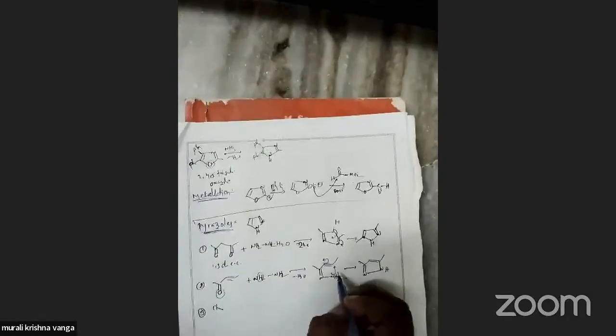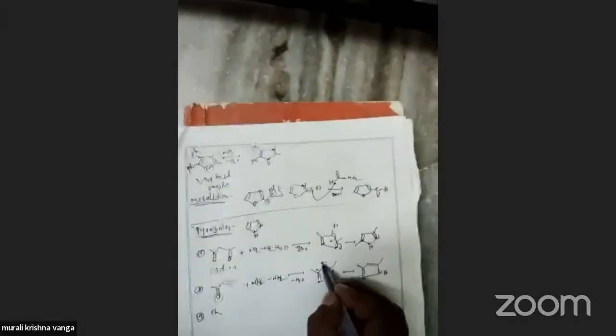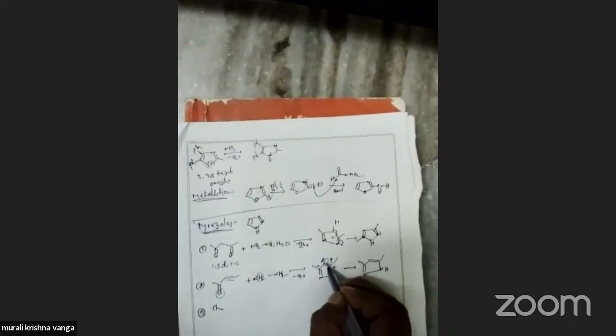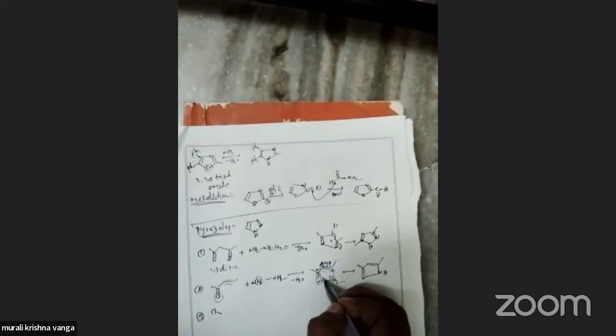Next is from alpha-halo alpha,beta-unsaturated carbonyl compounds and hydrogens. A student asks: what is the Michael addition, sir? Here, alpha, beta: it is the addition of a nucleophile at the beta position of alpha,beta-unsaturated compounds, then double bond shifting takes place.